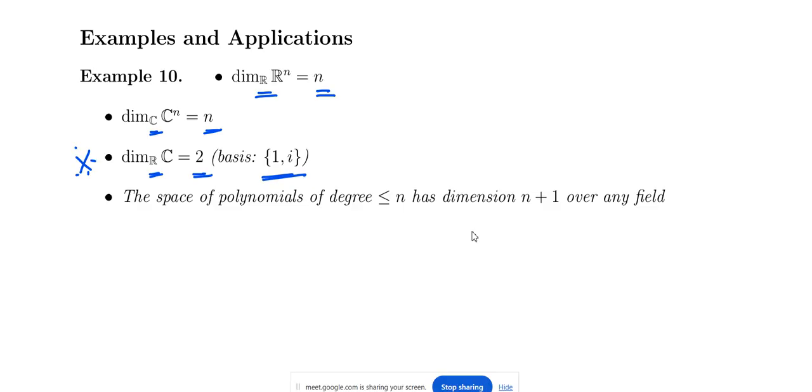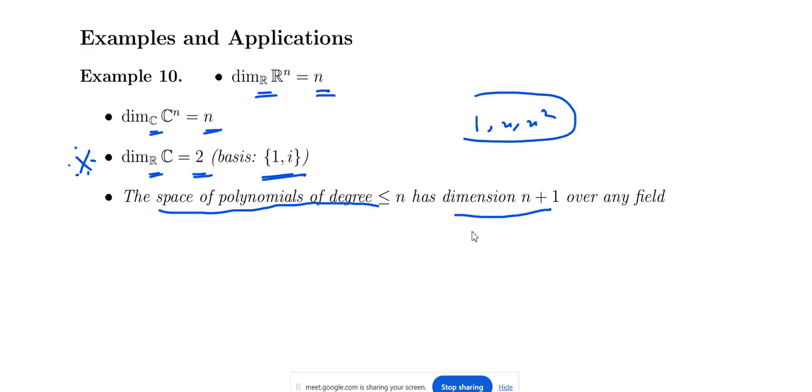This is a very important one. The space of polynomials of degree less than or equal to n has dimension n plus 1 over any field. We already saw that for polynomials of degree less than or equal to 2, the dimension is 3. So for degree less than or equal to n, the dimension is n plus 1 over any field.